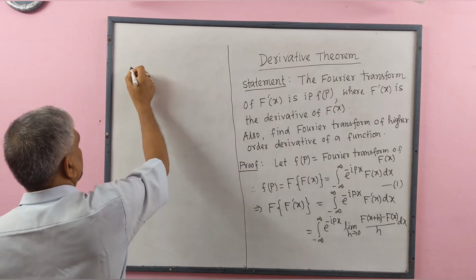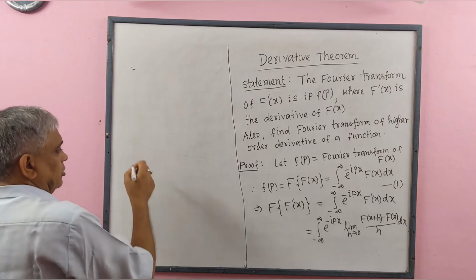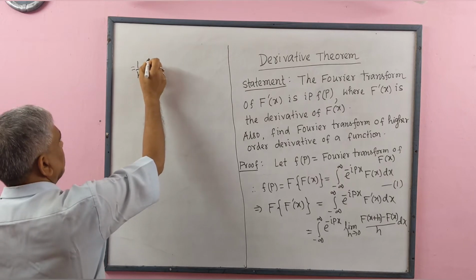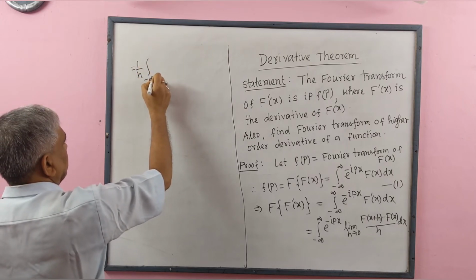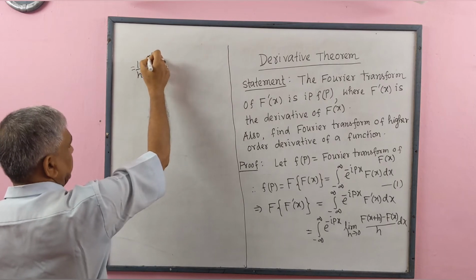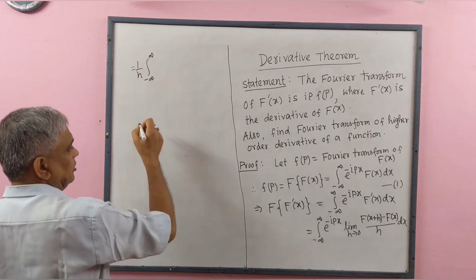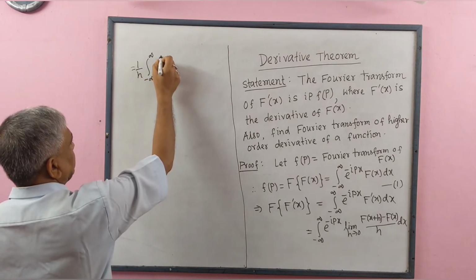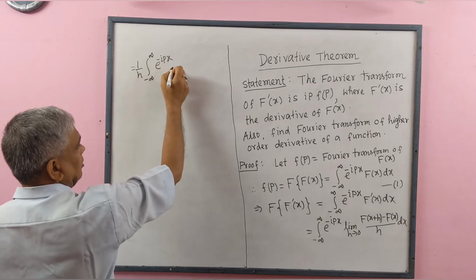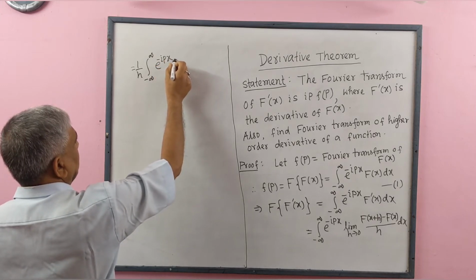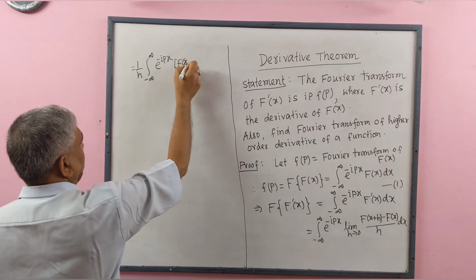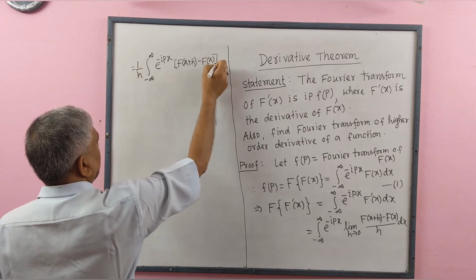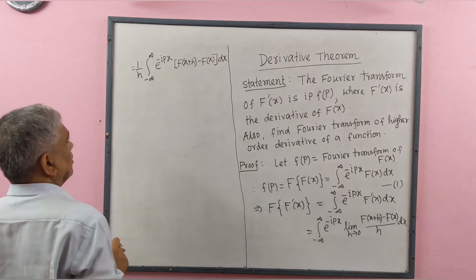This equals 1 by h times the integration from minus infinity to infinity of e to the power minus ipx times f(x plus h) minus f(x), dx.